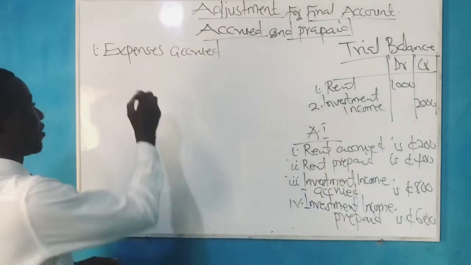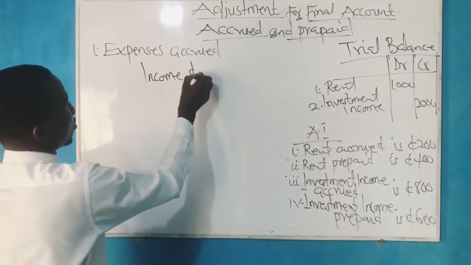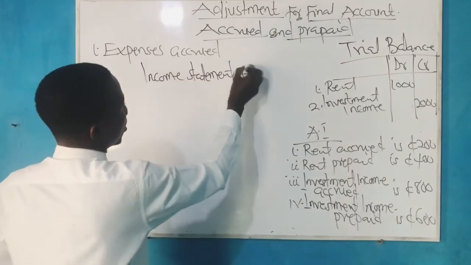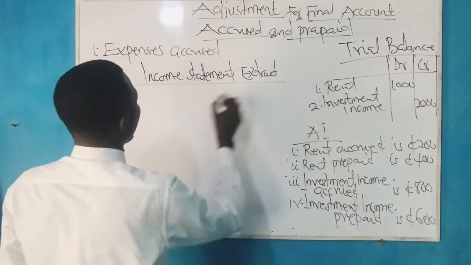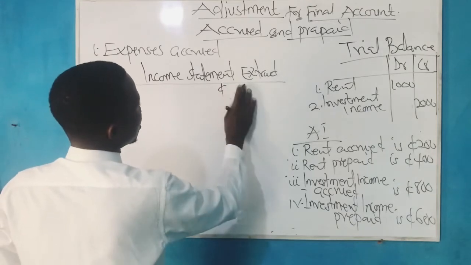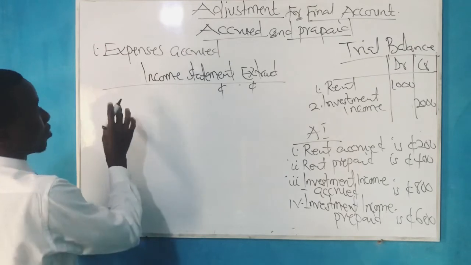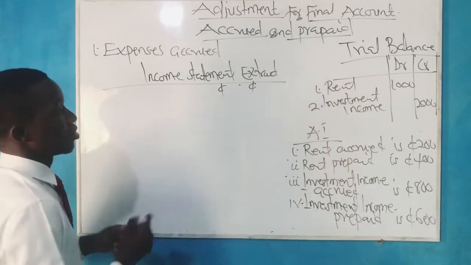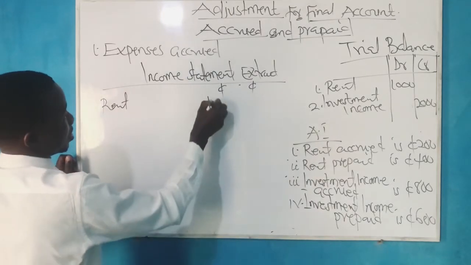So when we are looking at the income statement extract, under the operating expenses, we are considering the rent, so we'll be taking our rent of 1,000 cedis.